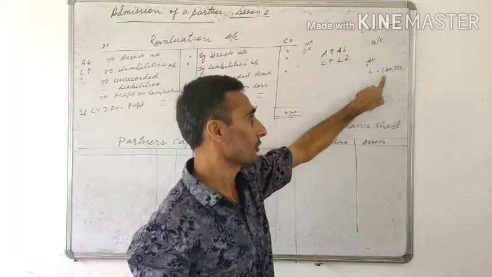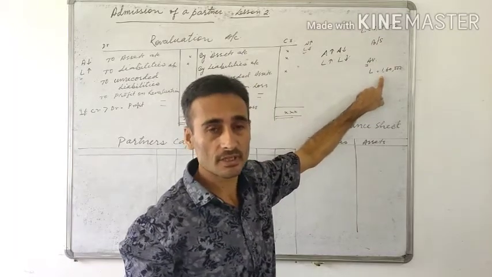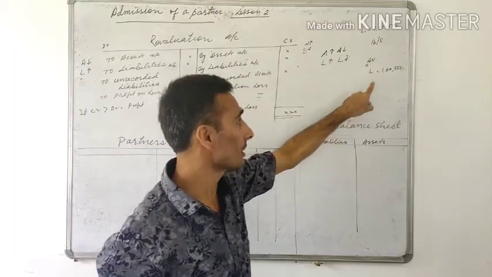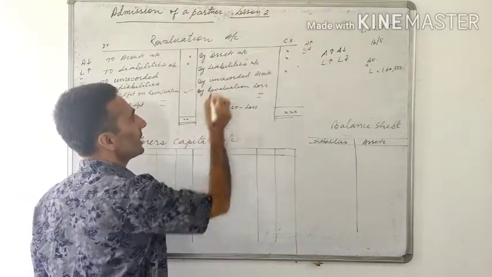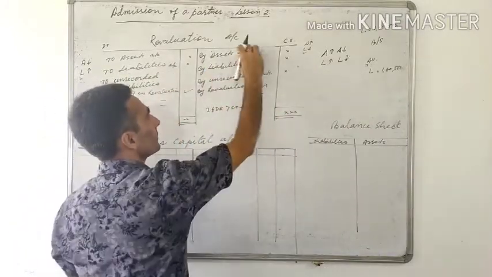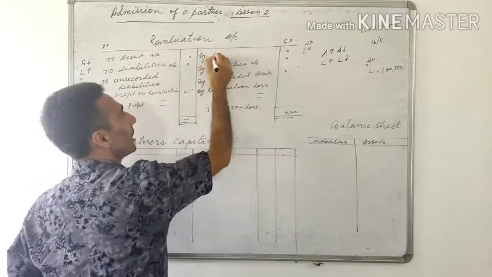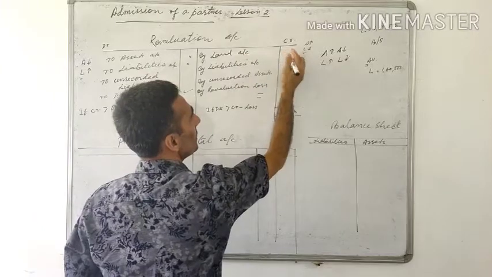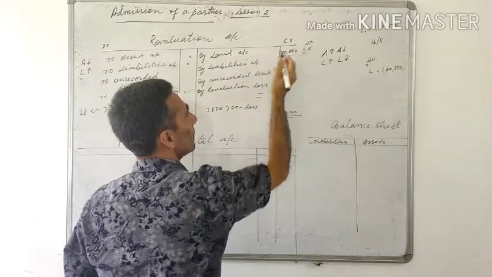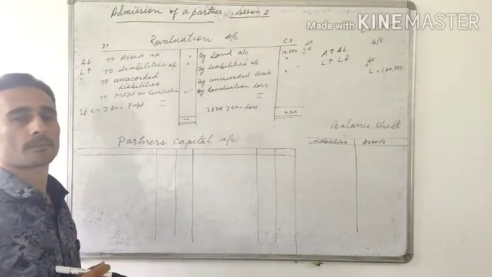So increase in asset comes this side. We'll write down here by land account, and the difference is 10,000.